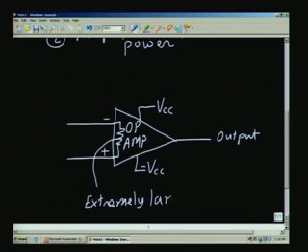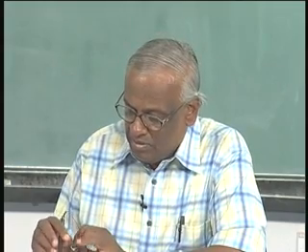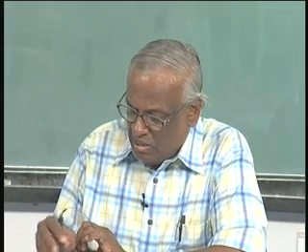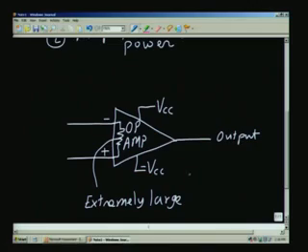So, we say that the operational amplifier has almost infinite input impedance, number one. Number two, the operational amplifier also has a very large gain, that is if you do not connect anything to the terminals, the gain may be something like 10 to the power of 5 or more.